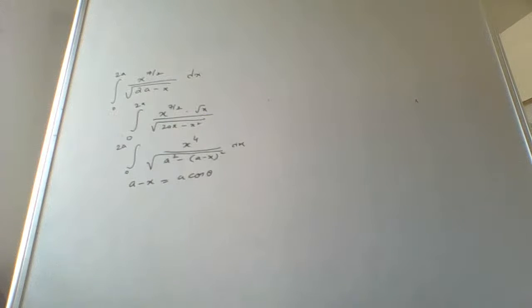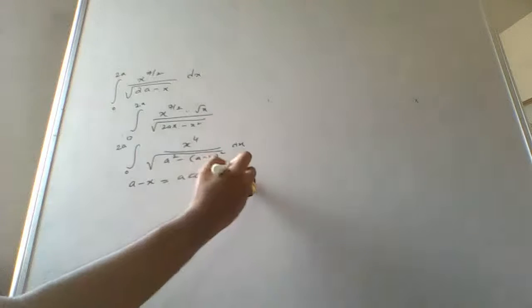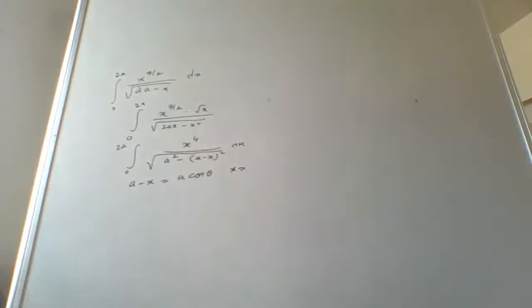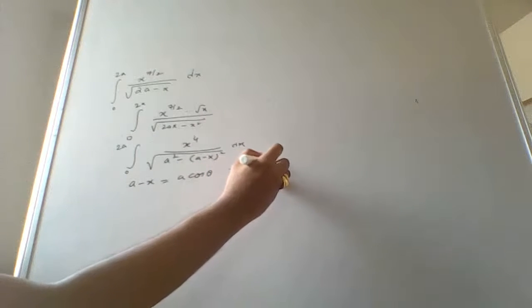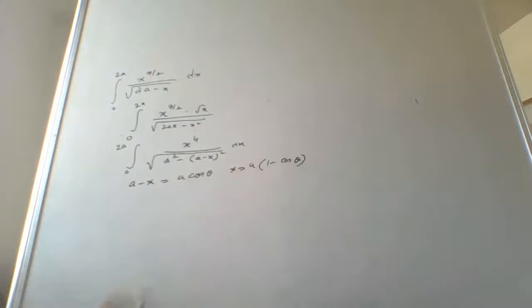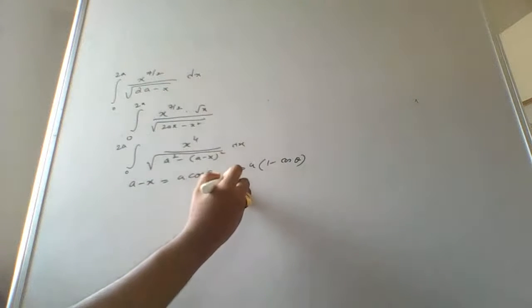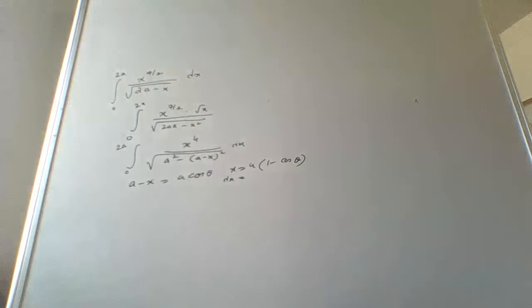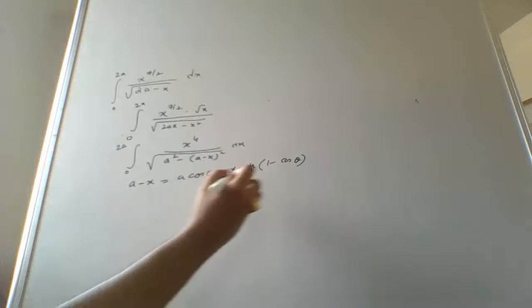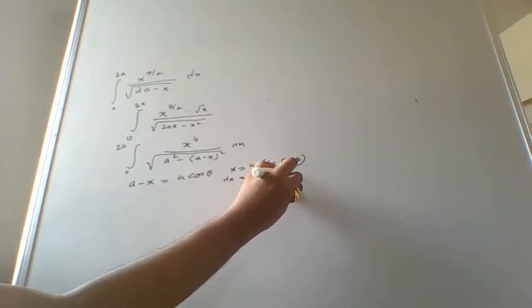Now when you put it, if you want x here, that is a into 1 minus cos theta. So dx will be a sine theta into d theta.